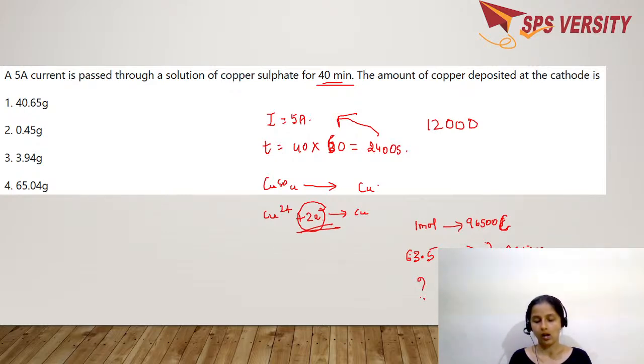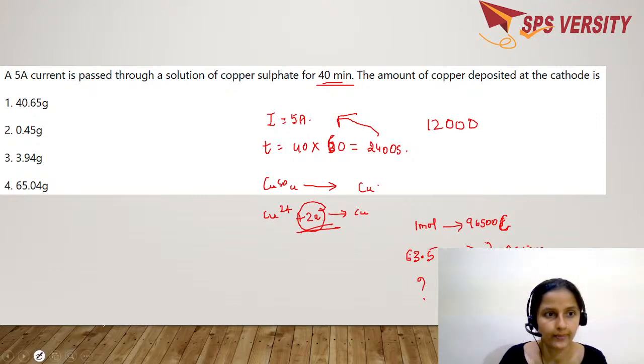Okay, let me calculate. I'm using the mobile for calculations. 63.5 times 12,000 divided by 2 divided by 96,500. This comes out as 3.94 gram. So how do you solve this question?